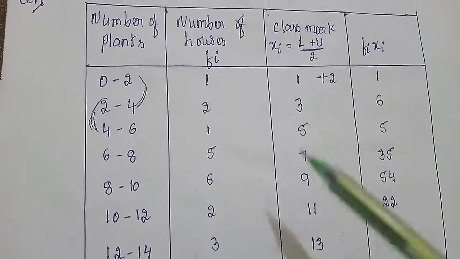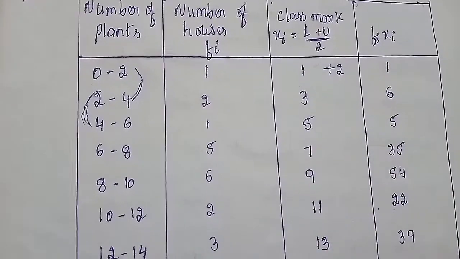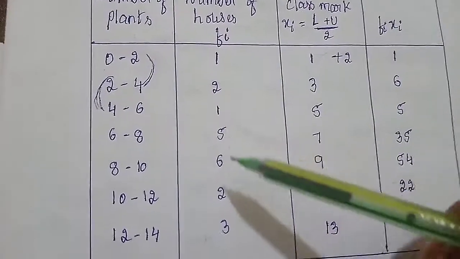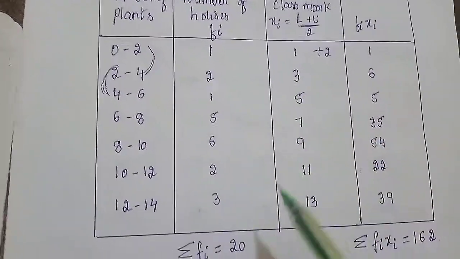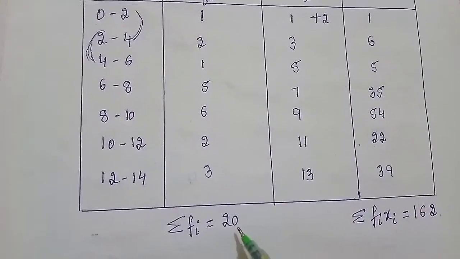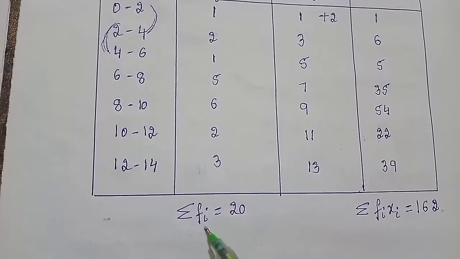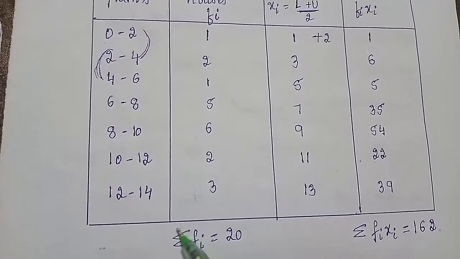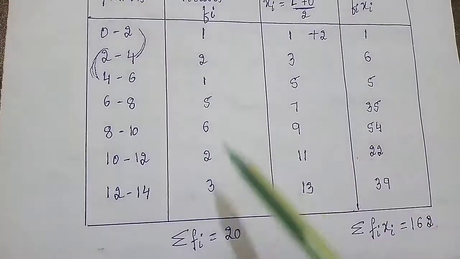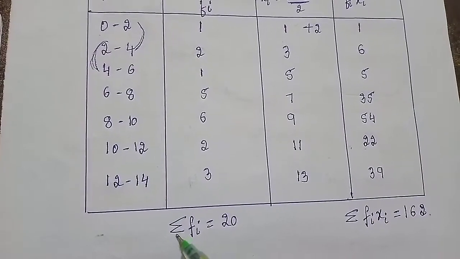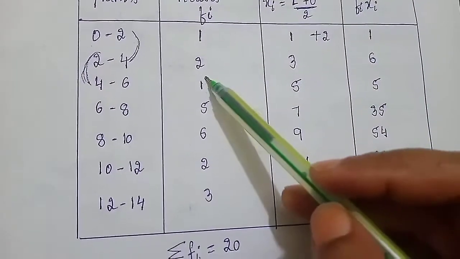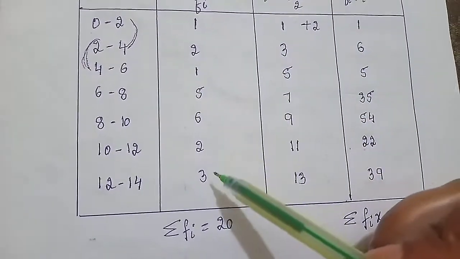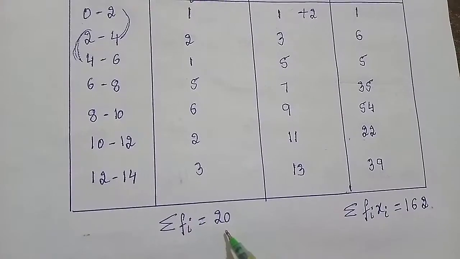Now we need to add the number of houses, that is the frequency column. When you add all these numbers, you get 20. That is the total number of houses, which is given in the question, that is summation of fi. This symbol tells you to add up, this is sigma. Summation of fi means f1 plus f2 plus f3, we are adding all the fi's to get 20.